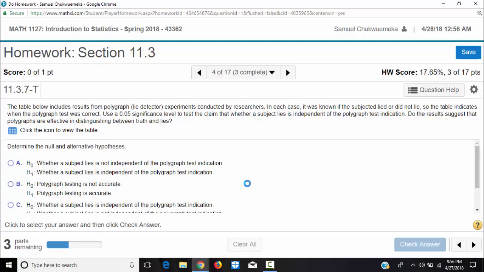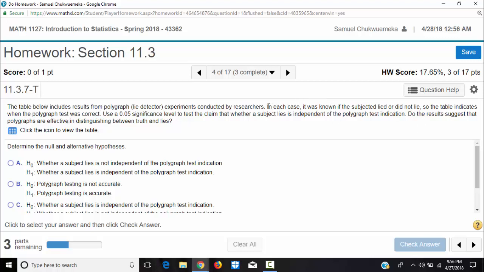Question 4. The table below includes results from polygraph, which is lie detector, experiments conducted by researchers. In each case, it was known if the subject lied or did not lie. So the table indicates when the polygraph test was correct.